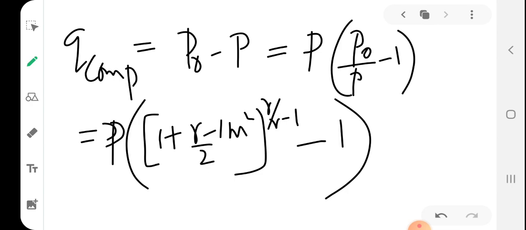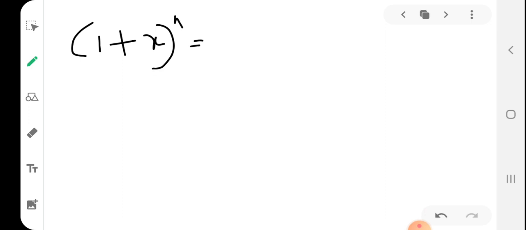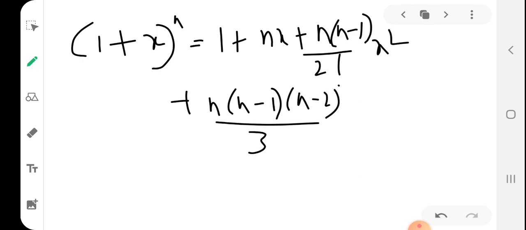So students, now I am expanding this term. In maths, you have studied the expansion of a series: 1 plus x raised to n can be written as 1 plus nx plus n into n minus 1 by 2 factorial into x square plus n into n minus 1 into n minus 2 by 3 factorial into x cube. This kind of series expansion you have learned in your maths class, right?